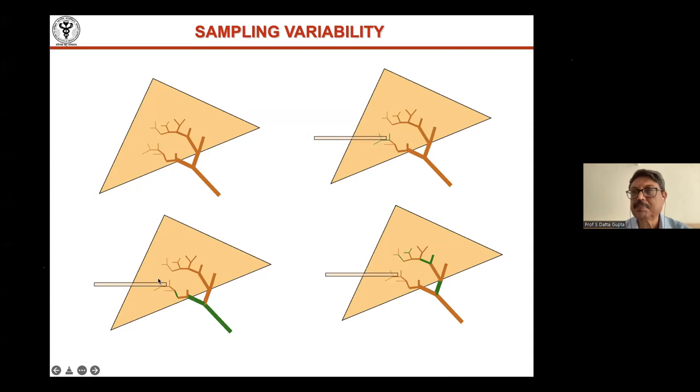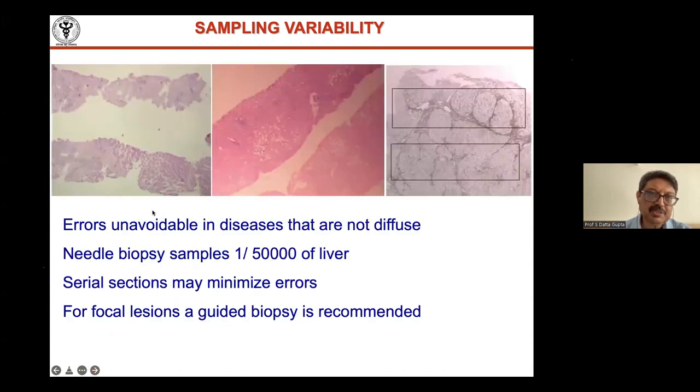You will not get the typical changes of PSC because the obstruction is somewhere distal to it, somewhere here, not here. And in the third one, suppose it affects mainly the left lobe and these ducts, and you're taking a biopsy here. If the bile flow from these ducts is normal, you will not get any changes at all. Therefore, in certain diseases, the liver biopsy cannot be the gold standard. And in fact, for PSC, that's why imaging is the gold standard. So these are some of the limitations that you can have in a liver biopsy.